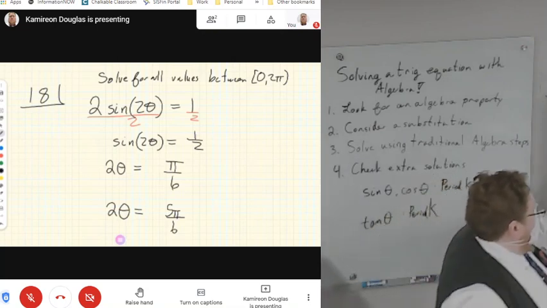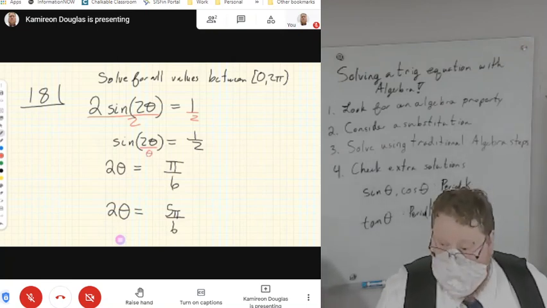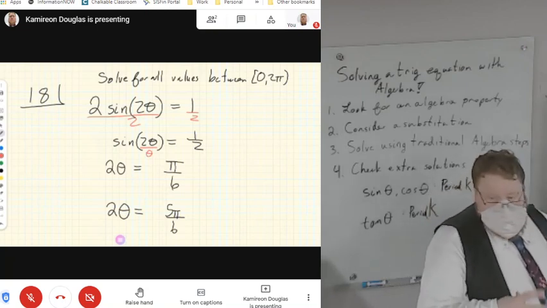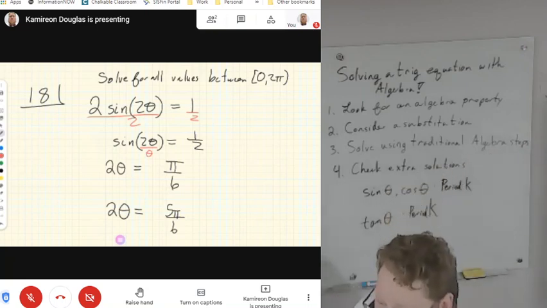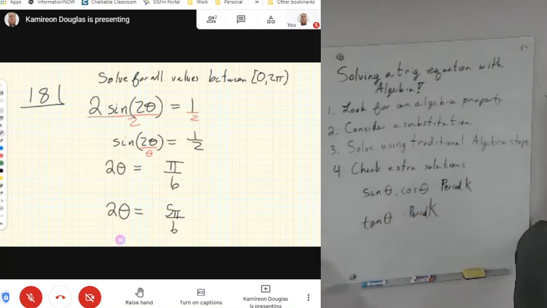Because remember, sine of just theta gives me those two answers. So to find the new answers, I use the modification of letting the new answers equal the angle in question. How do I get theta by itself? So to get theta by itself, I have to divide both sides by 2.